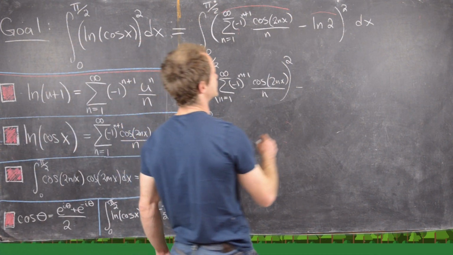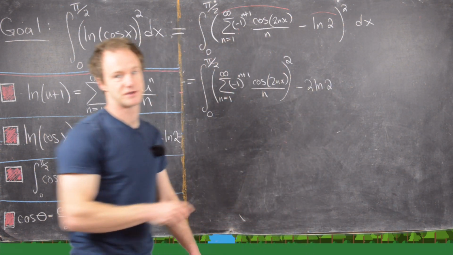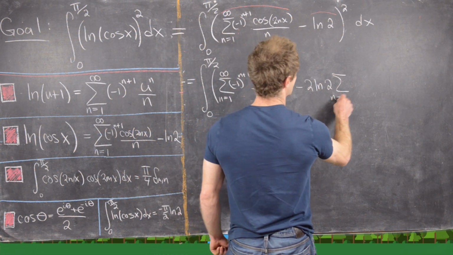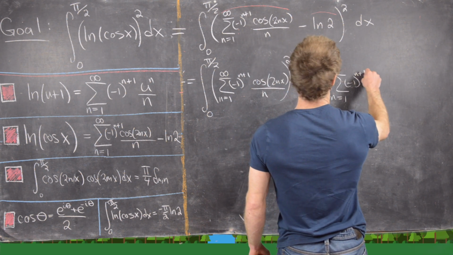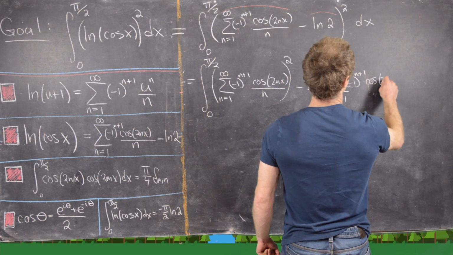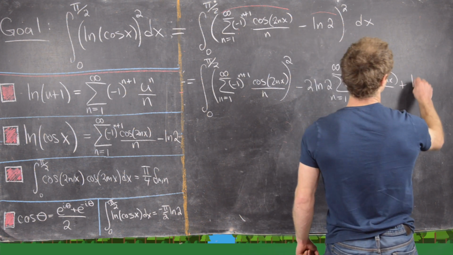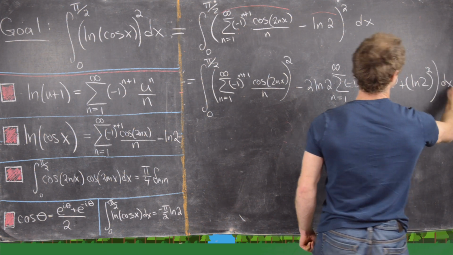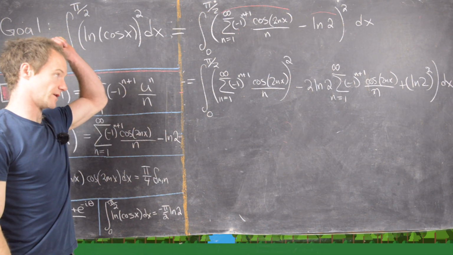And then minus twice the cross term, so that's going to be 2 natural log of 2, and then the sum n equals 1 to infinity of minus 1 to the n plus 1 times cosine of 2nx over n, and now plus natural log of 2 quantity squared, dx. Okay, so that's what we've got going on here.